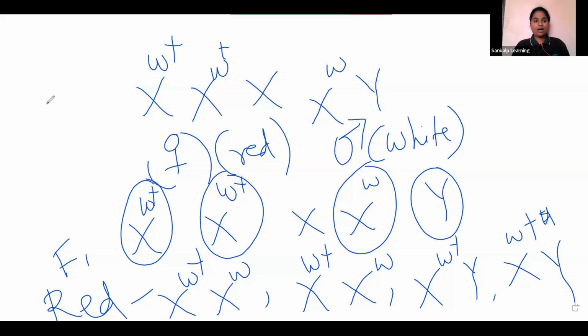Then again, now in the F2 generation, what do we consider? Please do it.